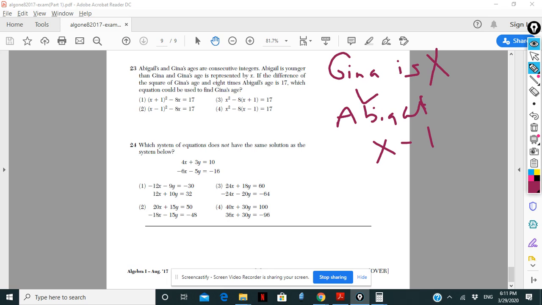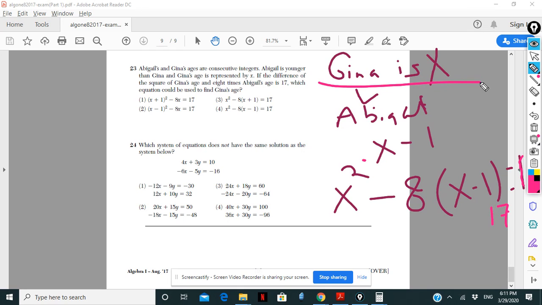So if Gina is x, Abigail is x minus 1. So the difference of the square of Gina's age, so x squared, and 8 times Abigail is 17. So what I did, Gina is x, and since it's consecutive integers, Abigail is the number before, and in that case, I think it's going to be 4.